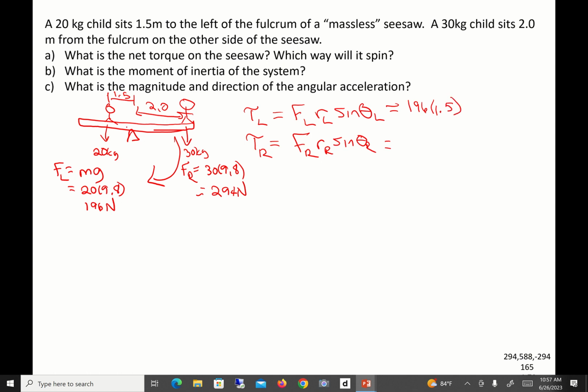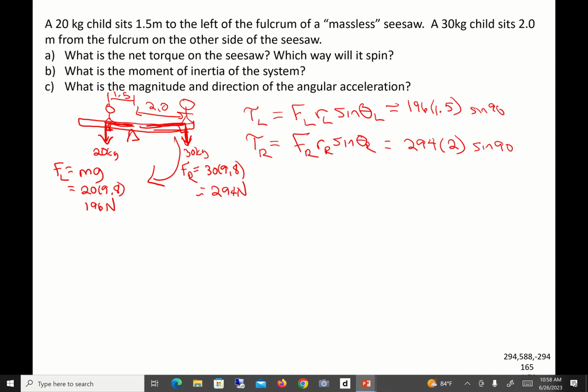And the angle, well, the angle is between R and F. If you look at it, R is horizontal, the force is vertical, so that angle is 90 degrees. So sine of 90. The torque on the right is going to be 294 for the force, 2 for the distance, and again sine of 90.